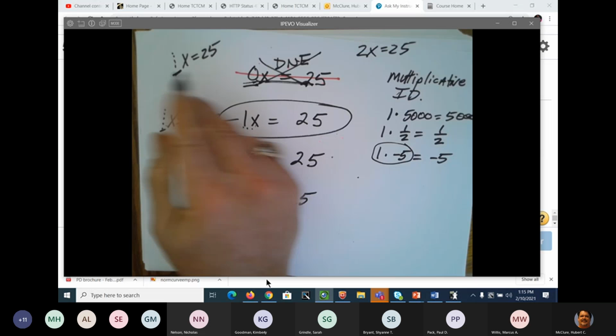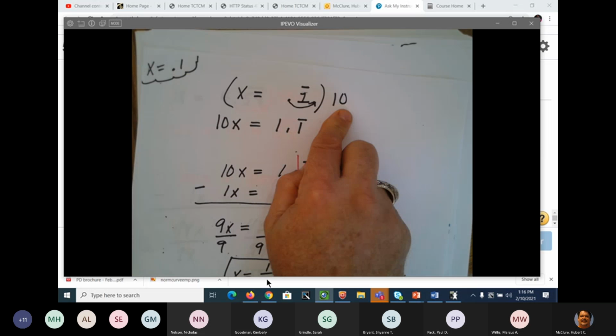Okay? The question that was asked, the 2 homework questions, and this is what they will test you on. If you start with a 10th, what do you multiply by? 10.